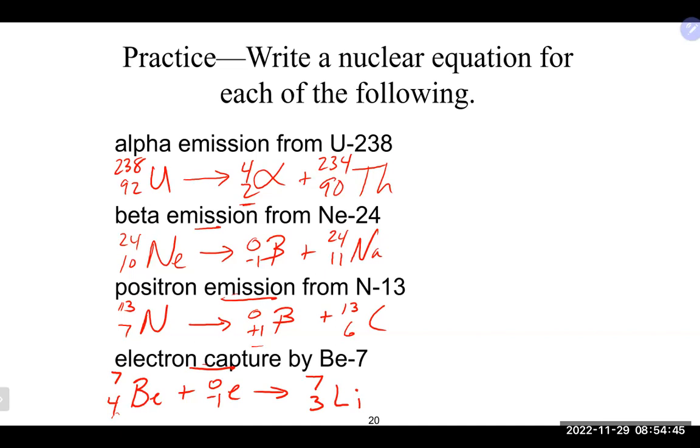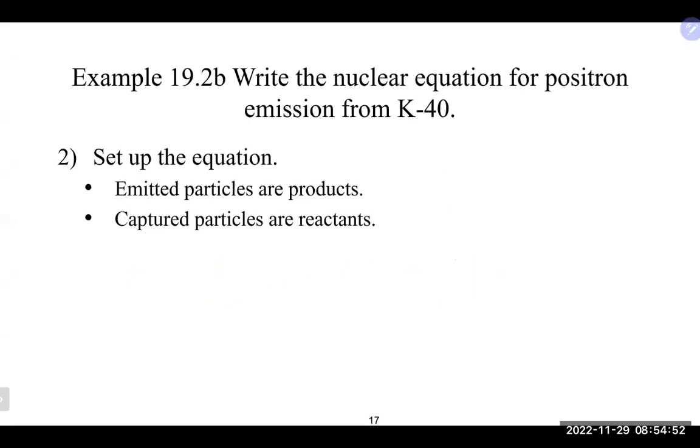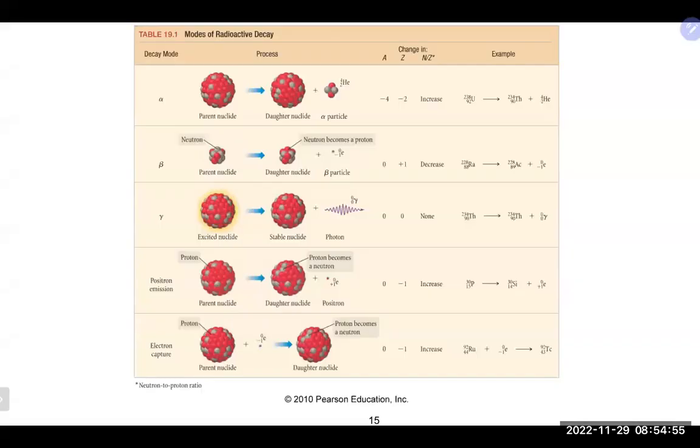Are you talking about this graph here? Yes, what it's talking about is actually the change that occurs. In that beta situation, we gain a proton from a neutron changing.